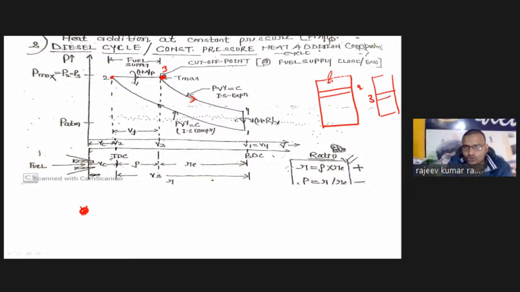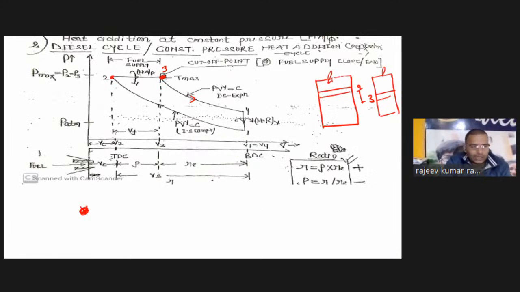After that fuel will not be supplied. So from 2 to 3 fuel supply takes place, and after that the fuel supply is cut off. Therefore point 3 is known as the cutoff point.